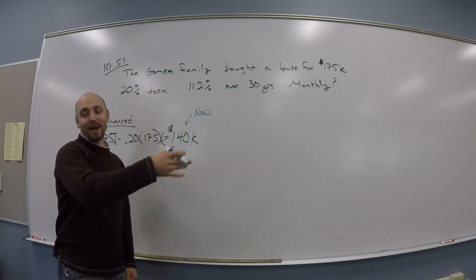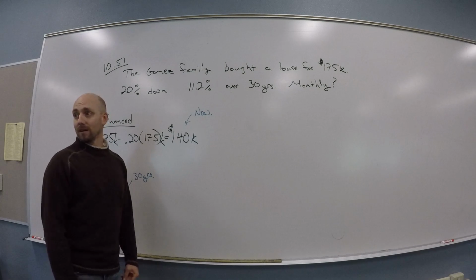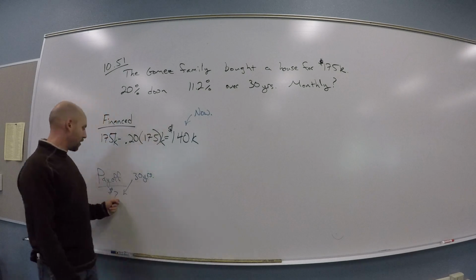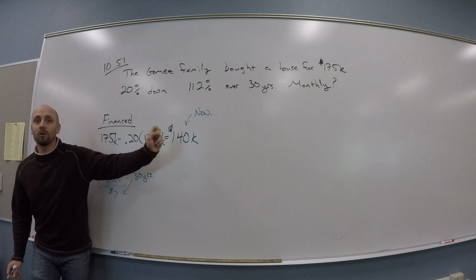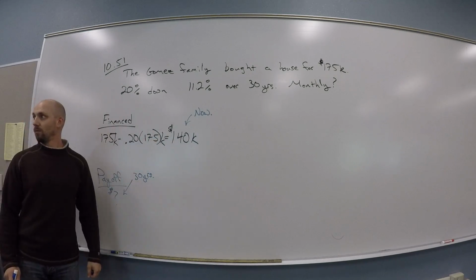What is that amount? I'm not ballparking, and I'm not annuitying either. I want to know how much money this is. This 140K now corresponds to some amount in 30 years, right? What is that amount?